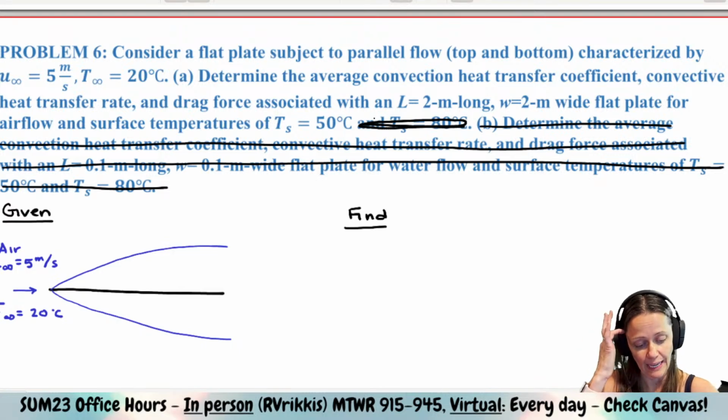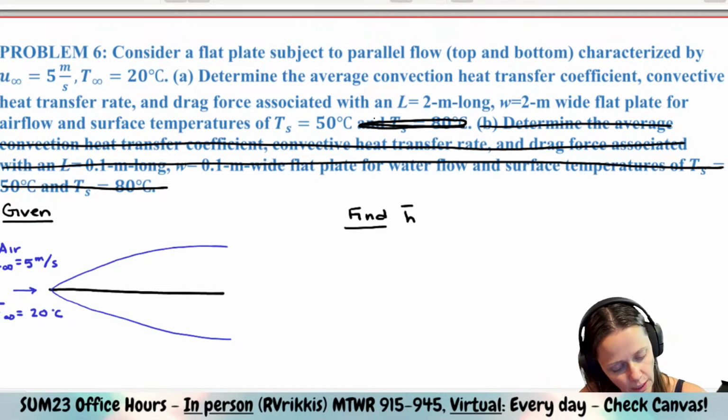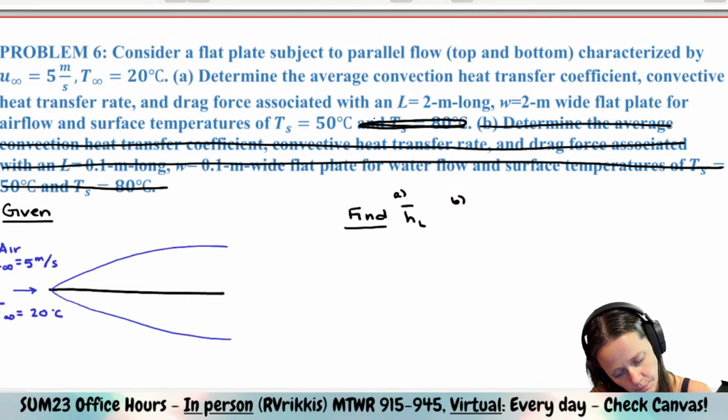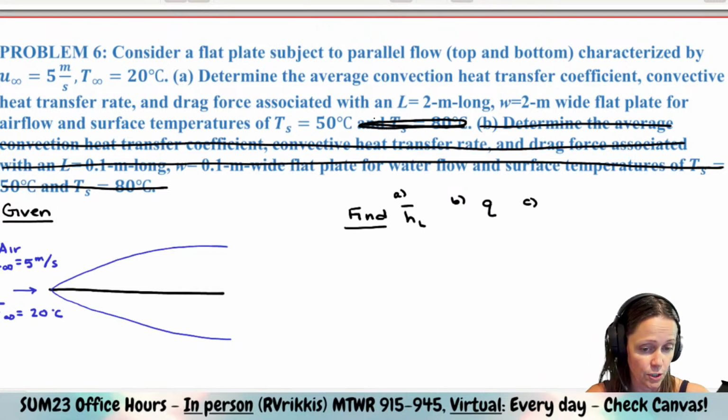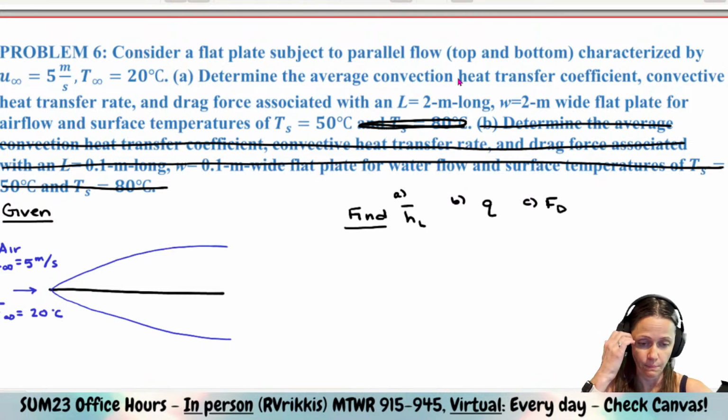We want to find the average convection heat transfer coefficient, so h bar. And then we want to find the convective heat transfer rate, so we're just looking for Q. And then we want to find the drag force.